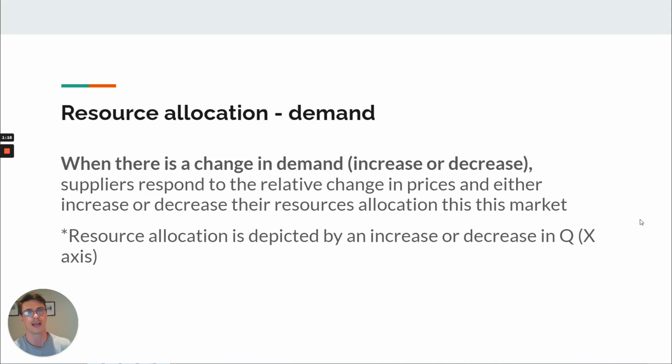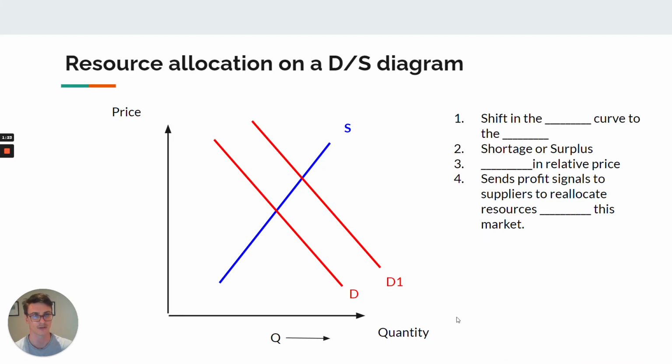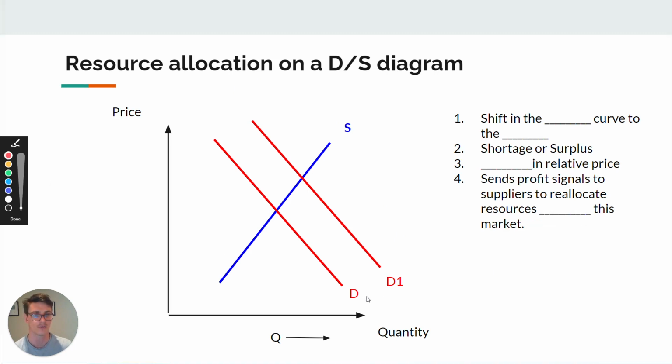So remember, an increase or decrease in demand, suppliers are going to respond, and there's going to be a change in resource allocation. So let's have a look. First of all here, I'm going to call this the market for gas again, and naughty me, I didn't label my market. And we can see that there's been a shift to the right in the demand curve, right?